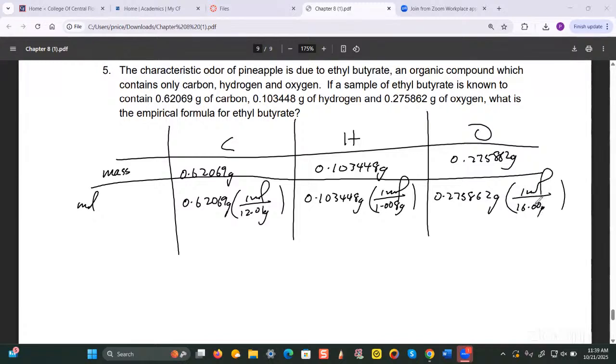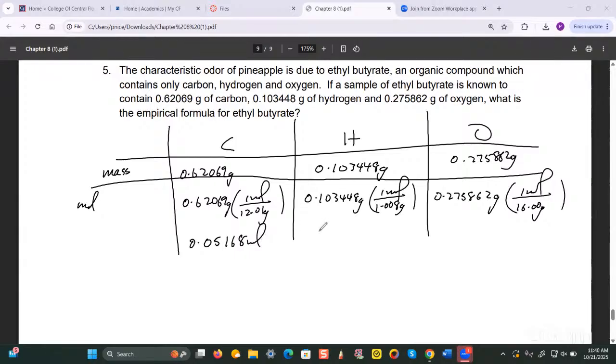Okay, so in the case of carbon, 0.62069 divided by 12.41, and I got 0.05168 moles. And then in the case of hydrogen, it is 0.103448 divided by 1.008.